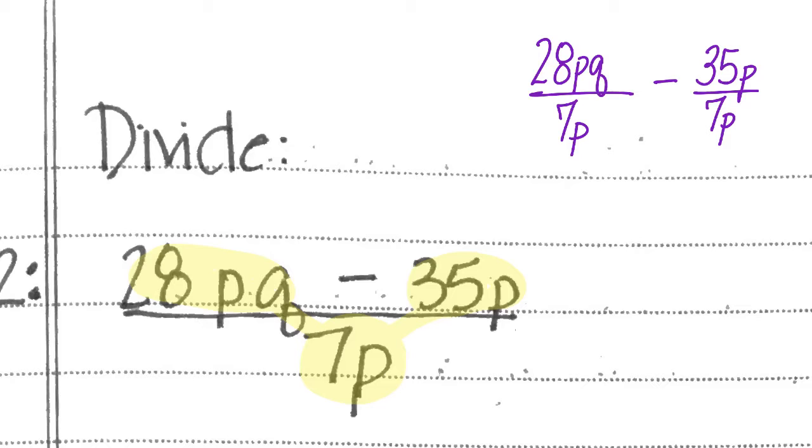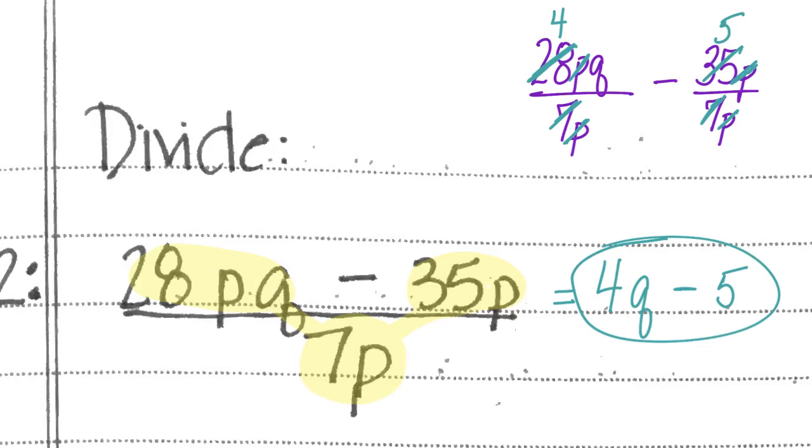Let's reduce. 7 and 28 can reduce by 4. P and P cancel out, so I get 4q. Keep the minus sign. 7 and 35 reduce to be 5. P and P cancel out. So it looks like my answer is 4q minus 5.